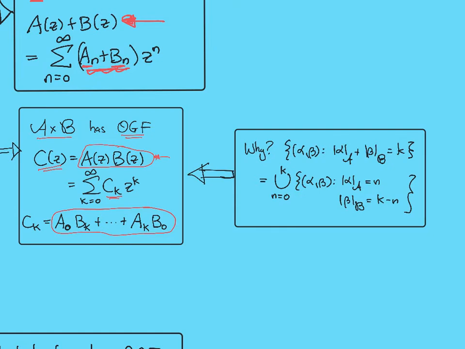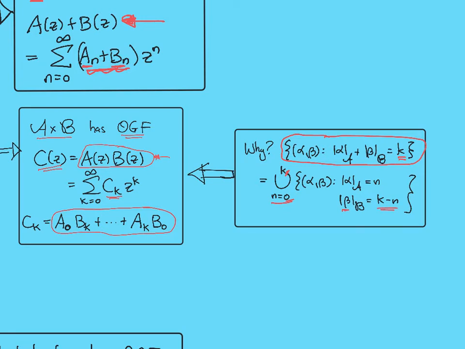So the set of pairs of a given size k, what is that? Let's break it up into a union where I look at the alphas of size n where n goes from 0 to k. So if alpha is size n, then beta has to have size k minus n.